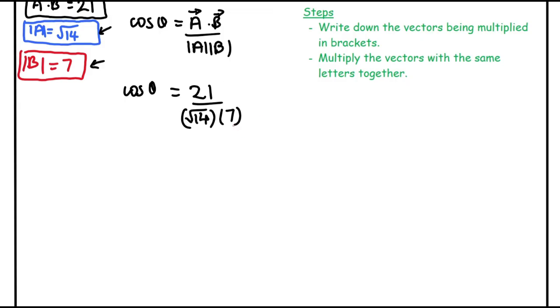You can simplify: 7 can go into 7 once, 7 can go into 21 3 times, leaving us with cos theta is equal to 3 over the square root of 14. To get theta, we'll say theta is equal to cos inverse of 3 over square root 14. You can use your calculator.